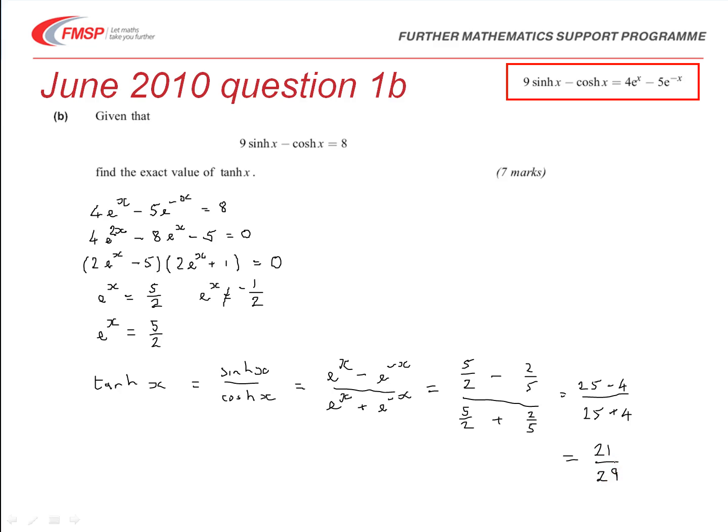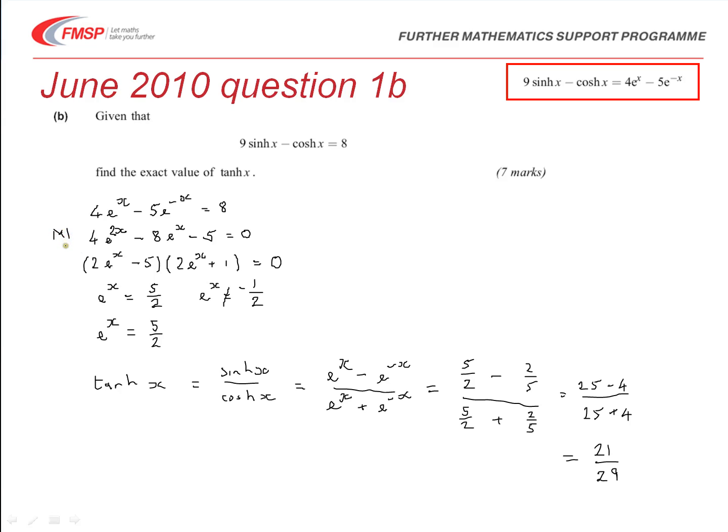Okay, well, there's 7 marks for this part of this question. So where are the 7 marks? Well, we've got this original statement, haven't we, that we started with. So multiplying it by e to the x here, that will give you a method mark to start off with there.